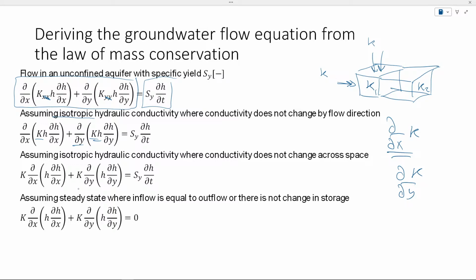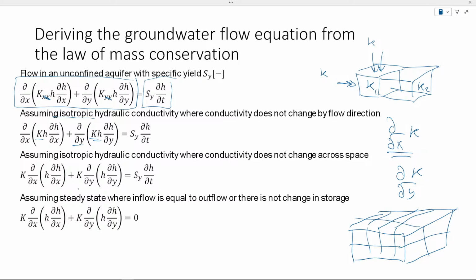But if I have a homogeneous aquifer, like this is my aquifer, and K is consistent everywhere, then K is no longer changing with X. So partial K with respect to partial X is equal to 0.